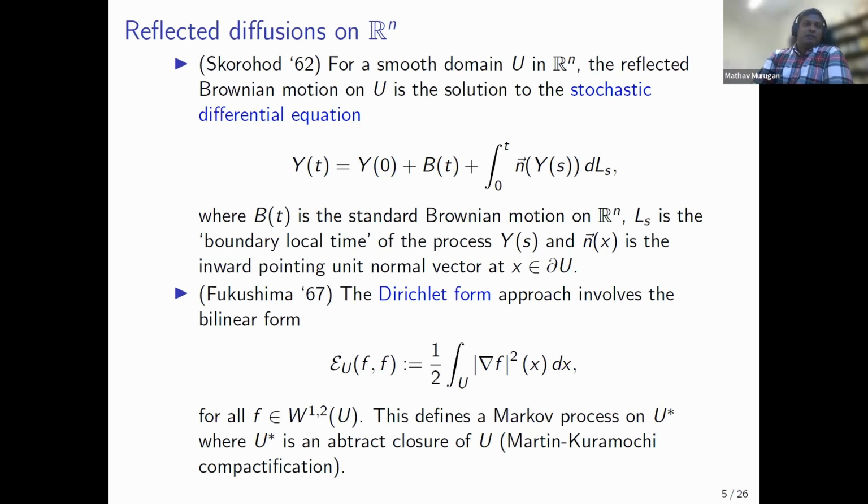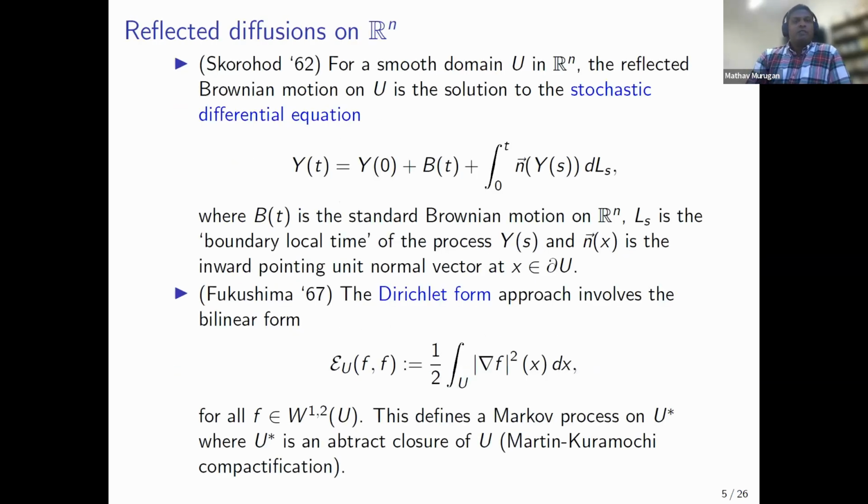Okay, so perhaps you might not have seen this notion of Dirichlet form, or might not be too familiar with the method. So I would like to give a quick introduction to some of the basic definitions in this theory, and mention how this construction of reflected diffusion works using the theory of Dirichlet forms.